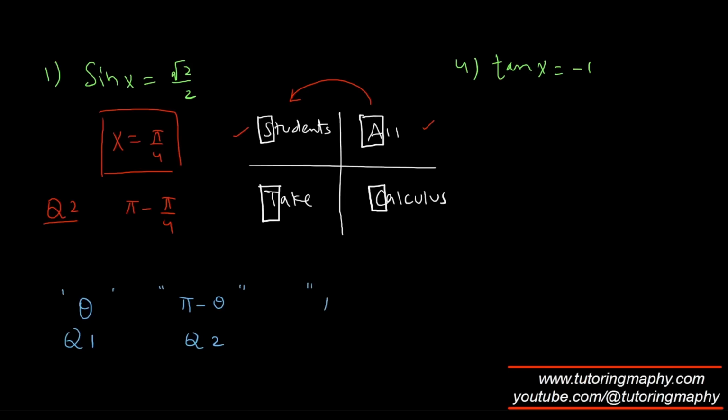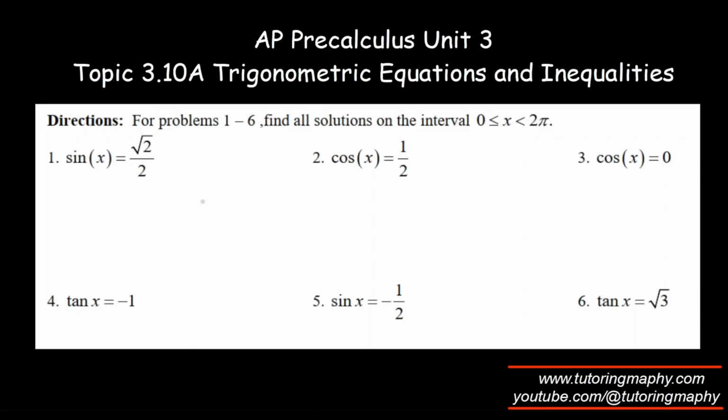If we swing this in quadrant 3, it will be pi plus theta. And if we swing this in quadrant 4, it will be 2 pi minus theta. So here pi minus pi over 4 is 3 pi over 4. So my answer is pi over 4 and 3 pi over 4.